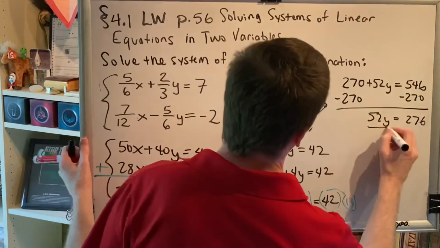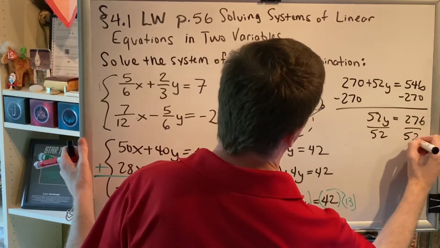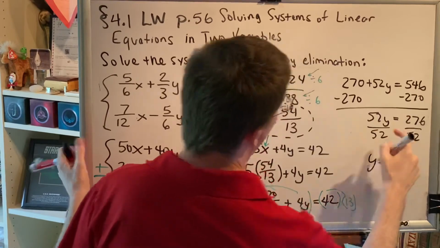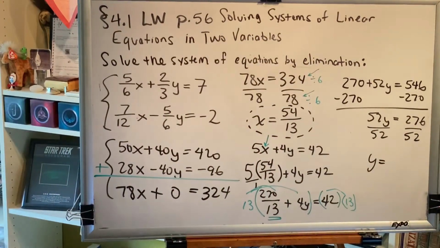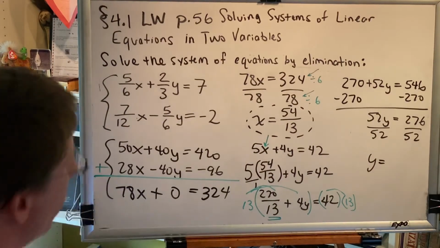Divide both sides by 52. And again, reducing the fraction. We get 69/13.